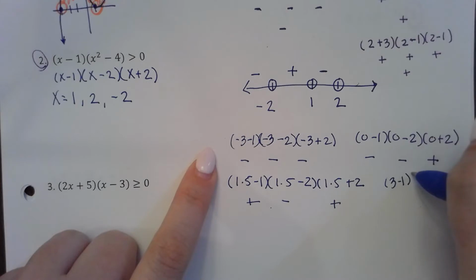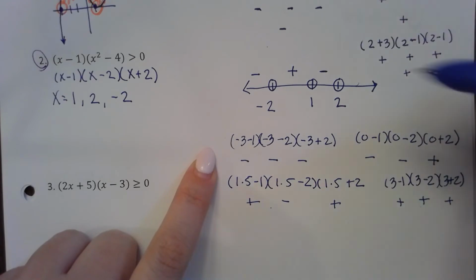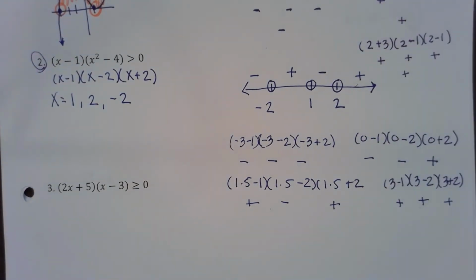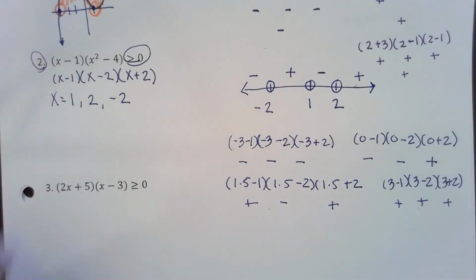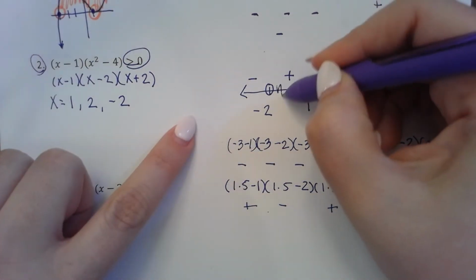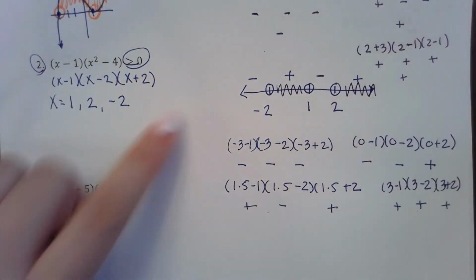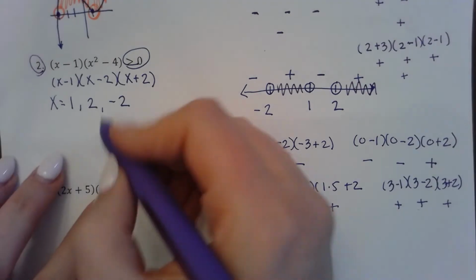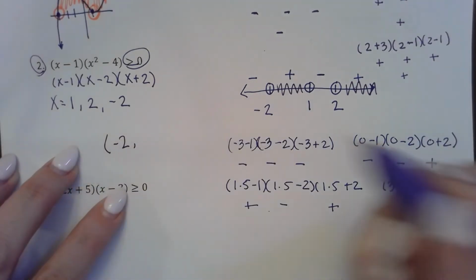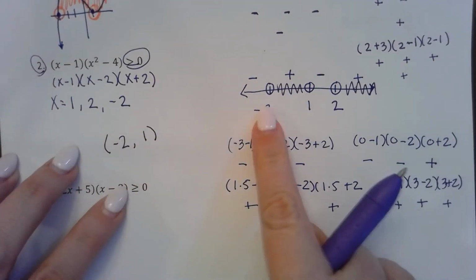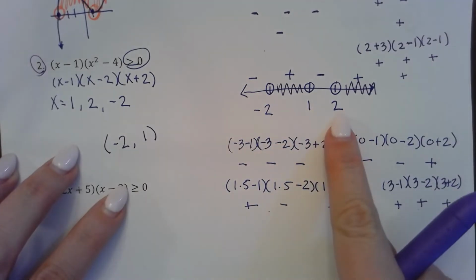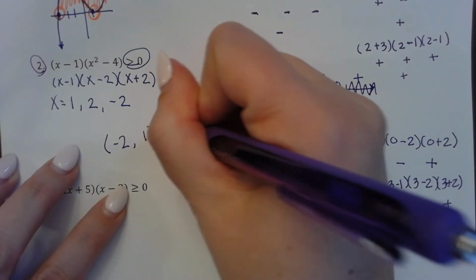Plug in a number here, 3. 3 minus 1, 3 minus 2, 3 plus 2: positive, positive, positive, which will give us a positive. Now, because this is greater than 0, we want the positive, so our answers are here and here. So our final answer is -2 to 1 with parentheses because these are open circles, and then 2 to infinity.